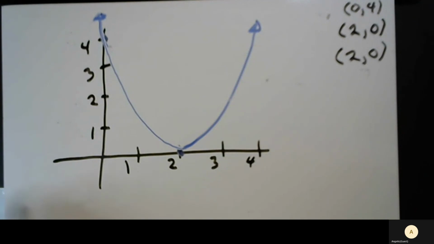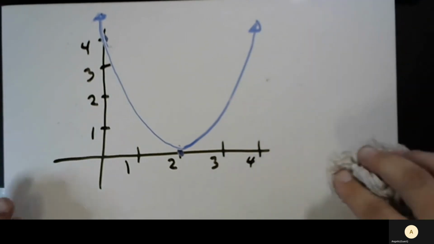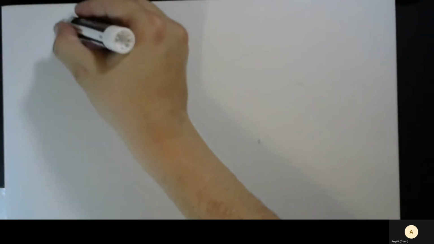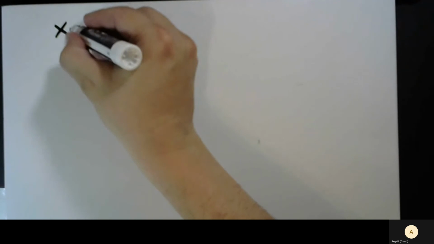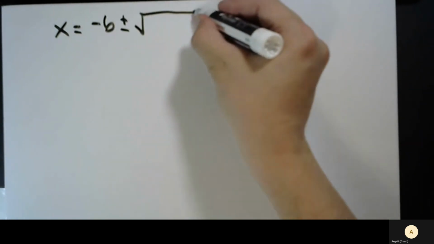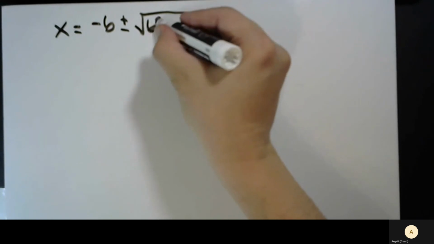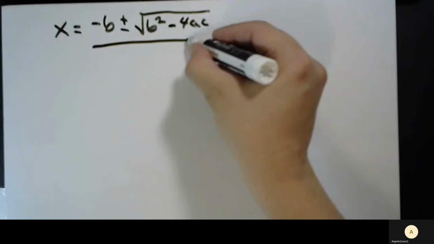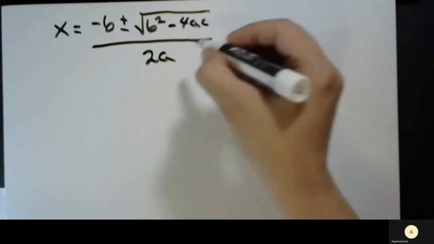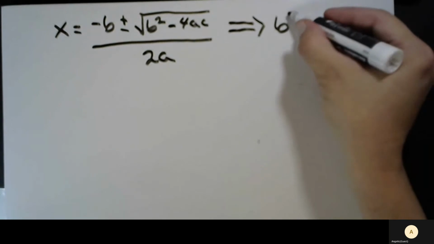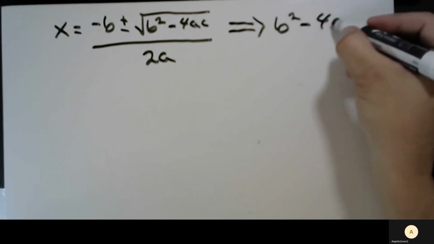So let me summarize that. And it all goes back to the discriminant. We're going to look at this part of the quadratic equation.